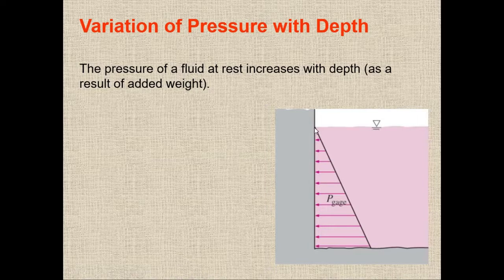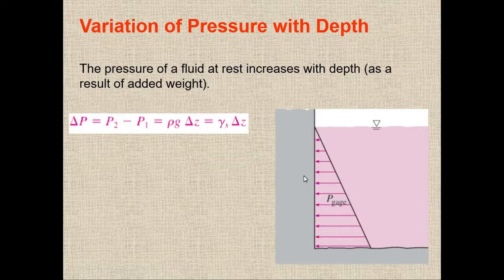If we're going downside from this point, the pressure is going to increase, and this increase is basically equal to rho g delta z, meaning how much depth you are covering from here to here. So delta P, from this pressure to this pressure, will be equal to rho g delta z.